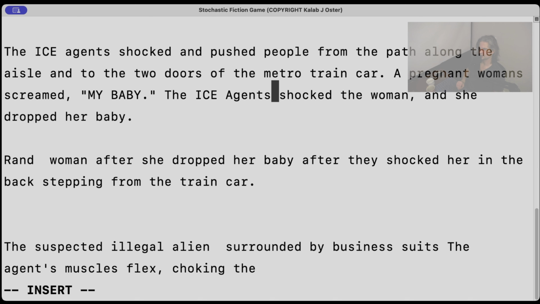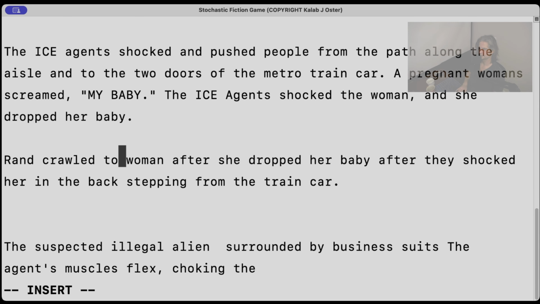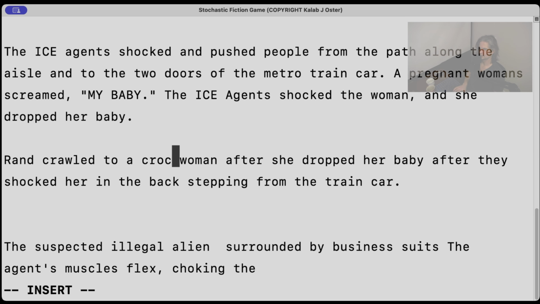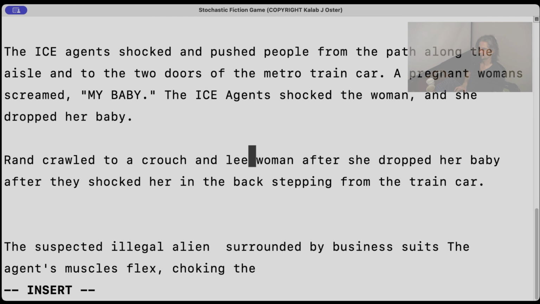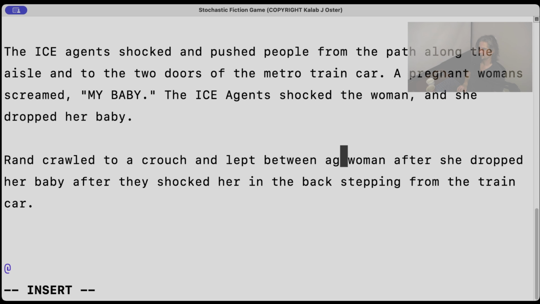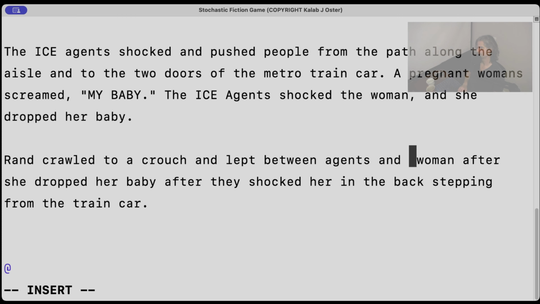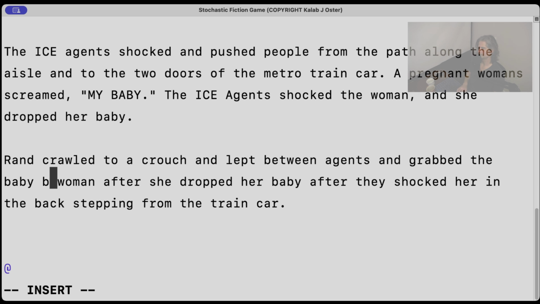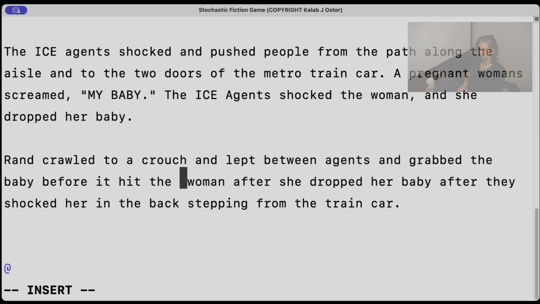The ICE agent shocked the woman and she dropped her baby. Rand crawled to a crouch and leapt between agents and grabbed the baby before it hit the train car floor.